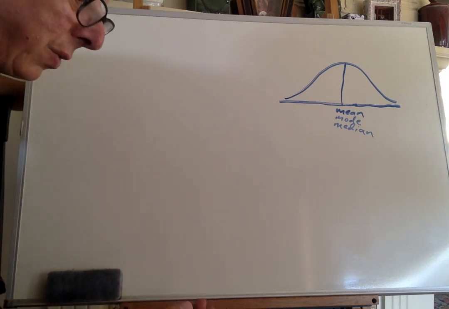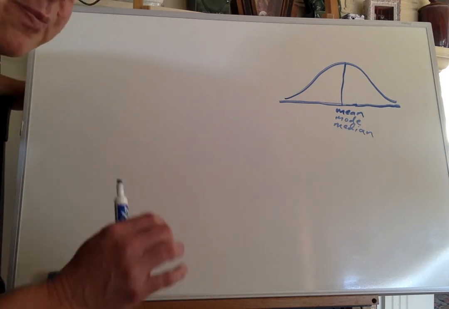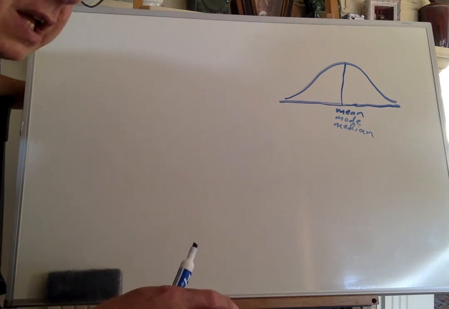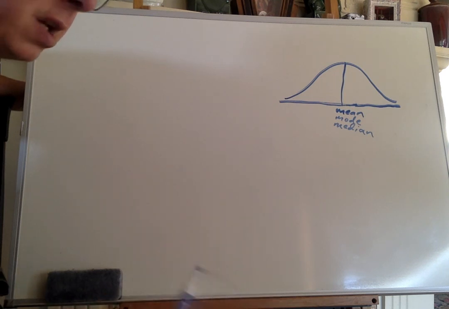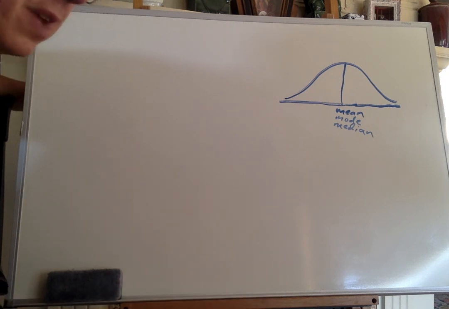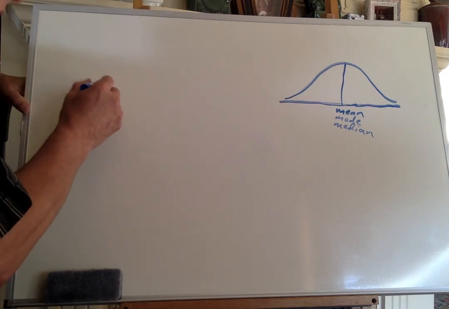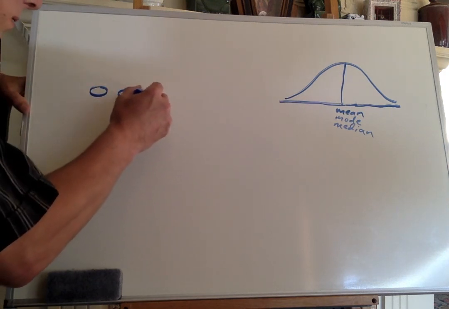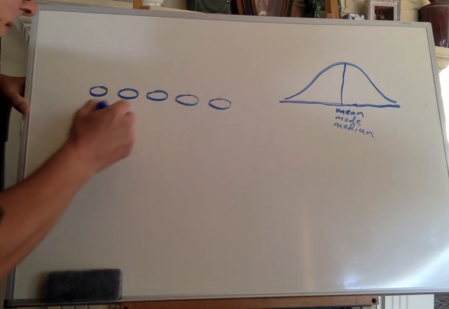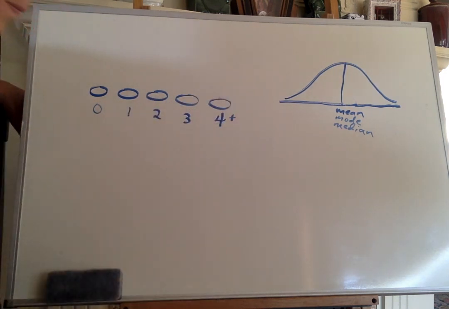Let's suppose we're doing a research study where we want to look at the relationship between the number of siblings you have and GPA. So we're going to ask students to indicate their GPA, and how many siblings they have. We'll do this on an IBM sheet, right? You're going to fill out the survey. And it says you either have 0 siblings, or 1, or 2, or 3, or 4 or more. Okay?